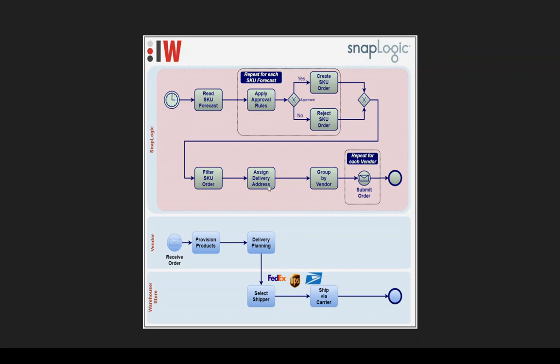Once we have this information in place, we group the data by vendor and then submit the orders to each vendor. The vendor then takes these orders, plans the delivery and the shipper, and ships them via the selected carrier. So this is the process on a high level, and now let's jump into SnapLogic and build the actual pipelines for this process.